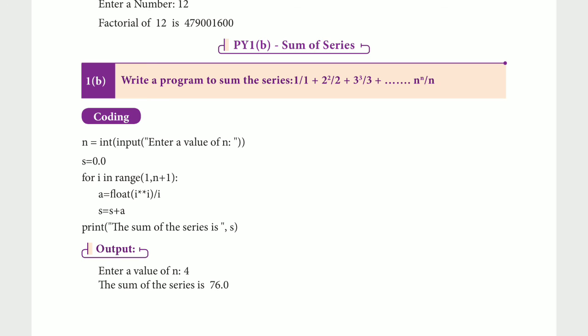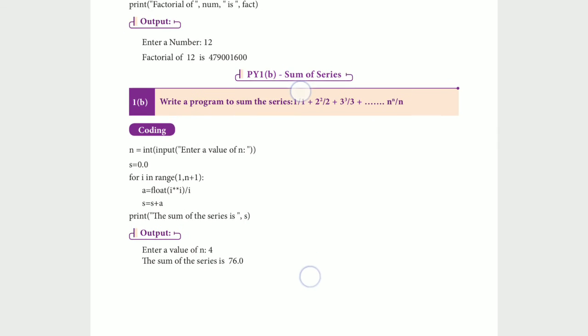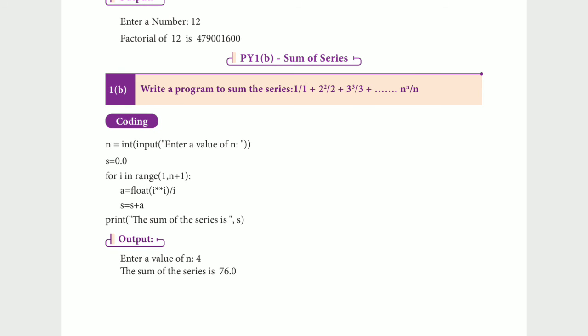Already s is equal to 0.0, so 0.0 plus 1 is 1. This part of the program will be executed until it reaches 4. Here you can see that the value of the output is 76.0. With this we'll finish experiment number 1.